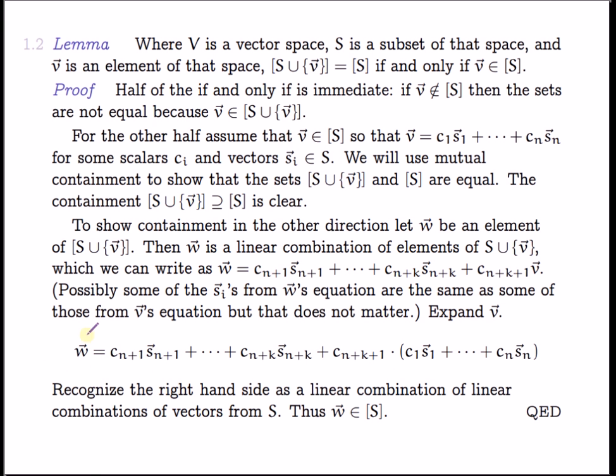That means that W is in the span of S. So we've shown that any vector in the span of S union V is also in the span of S. So these two sets are equal, and that completes the proof.